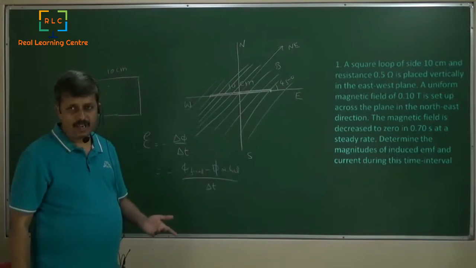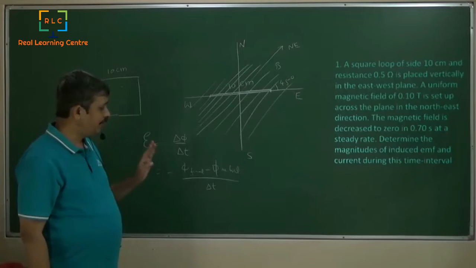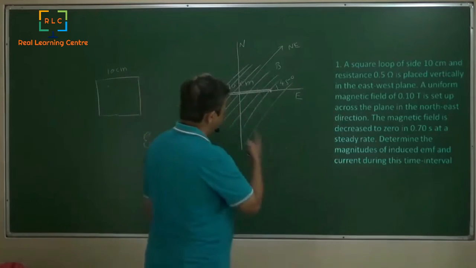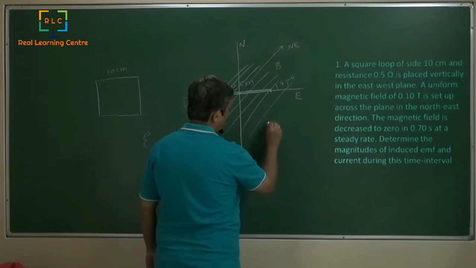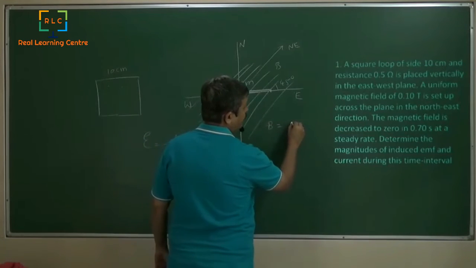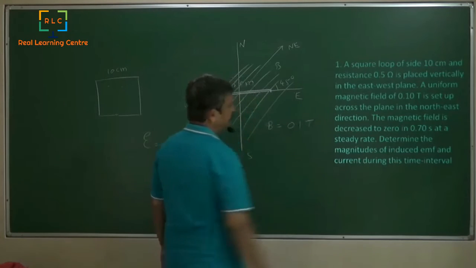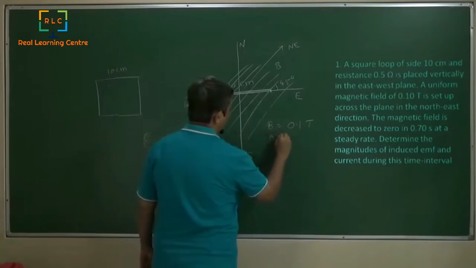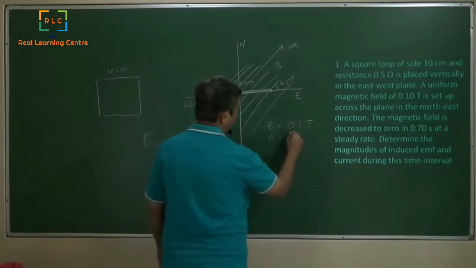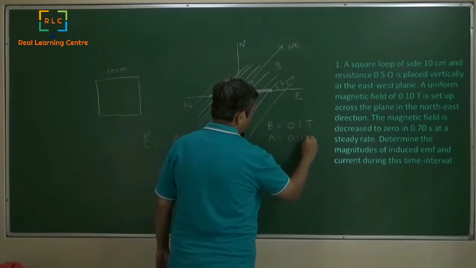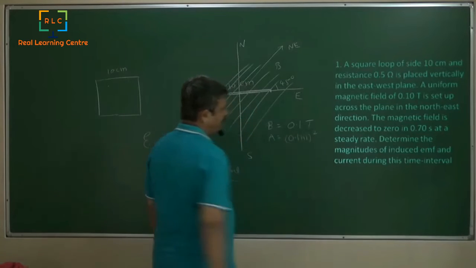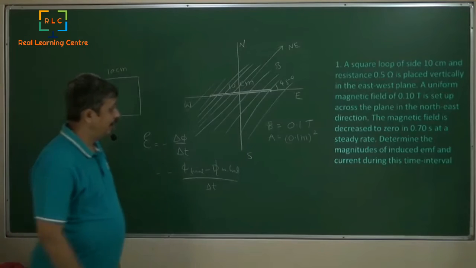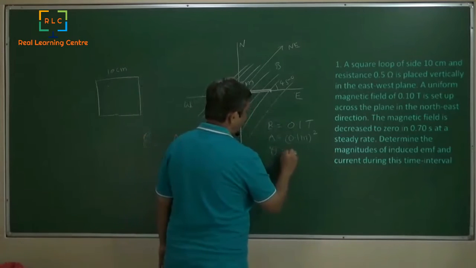So we know what the final and the initial phi are. They have given B, the magnetic field, as 0.1 Tesla. The area is 10 centimeters, which means 0.1 meter, into 0.1 meter, square. That is the area. The angle theta between B and A is 45 degrees.